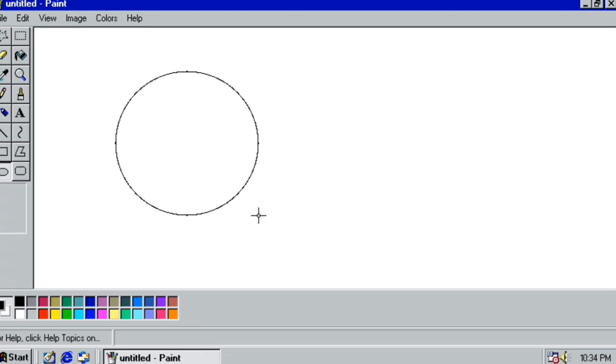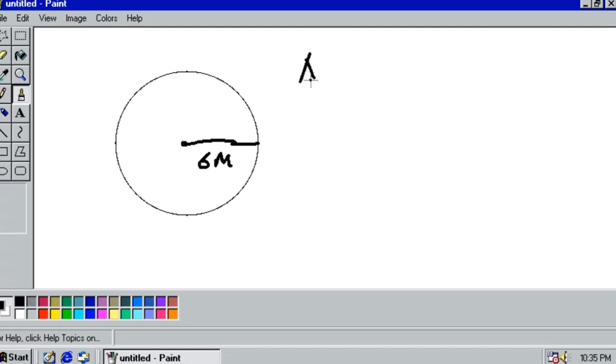Let's say we have a circle. Then this is the center of the circle, and our radius is 6 meters. So, let's find the area of the circle.